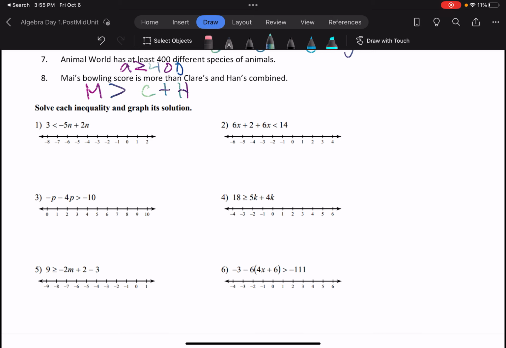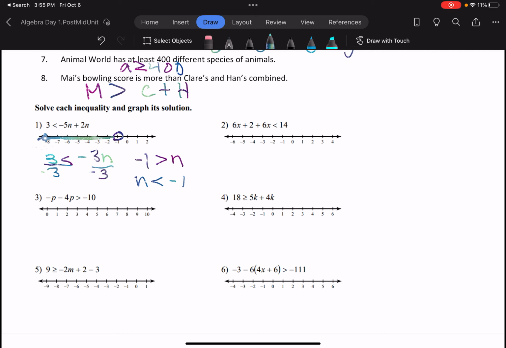So when we want to solve this, we have 3 is less than negative 5n plus 2n, which is going to be negative 3n. And so when I divide by negative 3, we're going to end up with negative 1 is greater than n, or n is less than negative 1. So it is less than, so it's an open circle, and we're graphing this way.